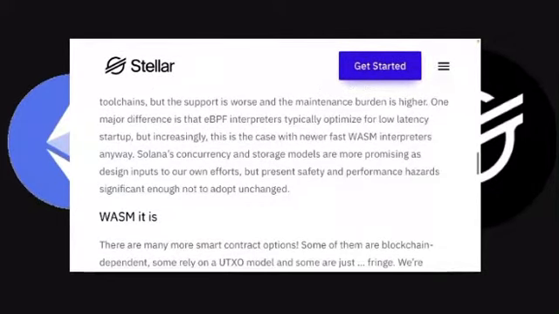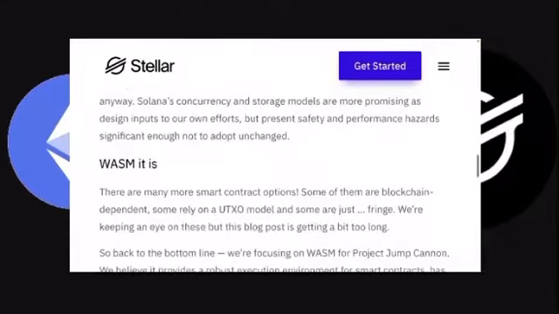Solana's concurrency and storage models are more promising as design input to our own efforts, but present safety and performance hazards significant enough not to adopt unchanged.